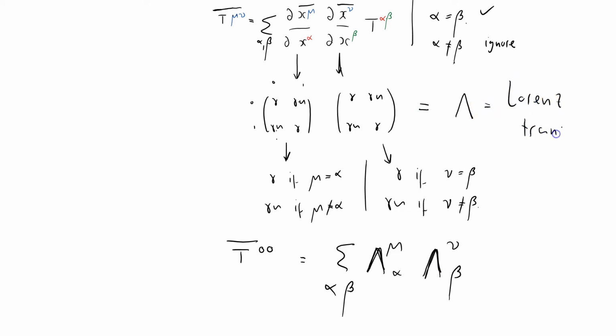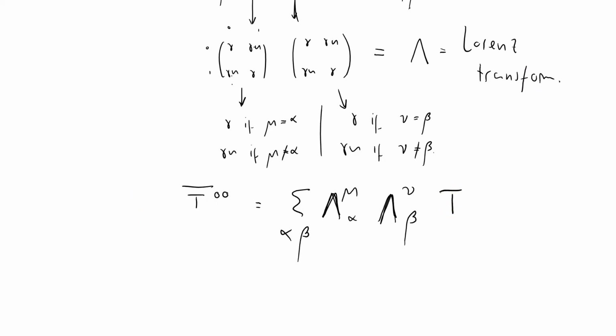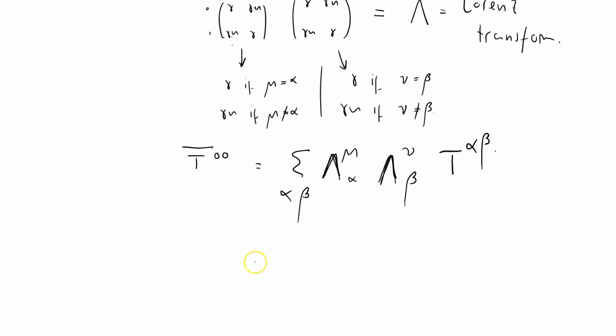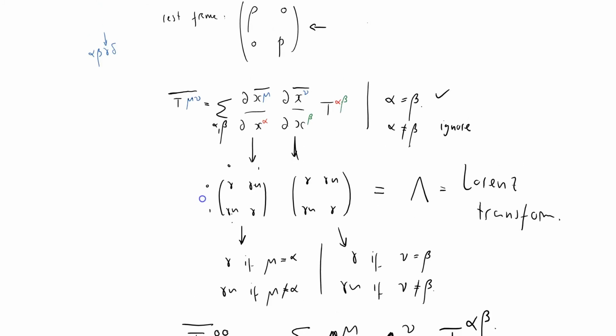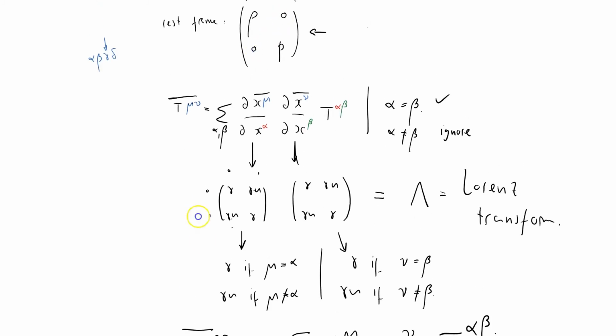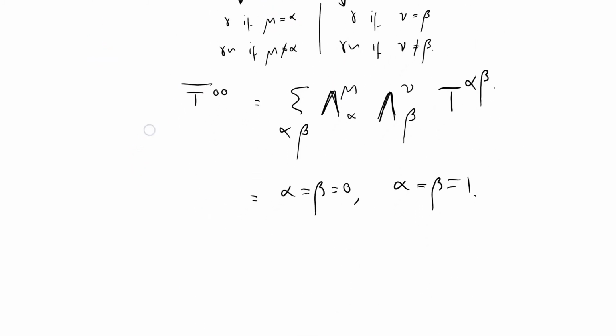I think I've mentioned that, but a long time ago. Times T, and we're summing over alpha and beta, of course. So the only things we need to use are alpha equals beta equals 0 and alpha equals beta equals 1, because if alpha is not equal to beta, we move off the diagonal of this term here, and we can just ignore it.